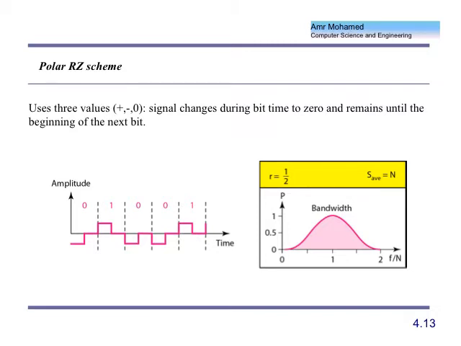By doing this, we always have a change even if we have consecutive ones or consecutive zeros. Right? So we always have change in frequency. So even if you have consecutive ones or consecutive zeros, you no longer have constant voltage. Which means I have no zero frequency.